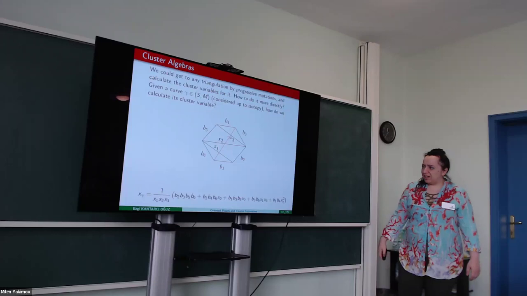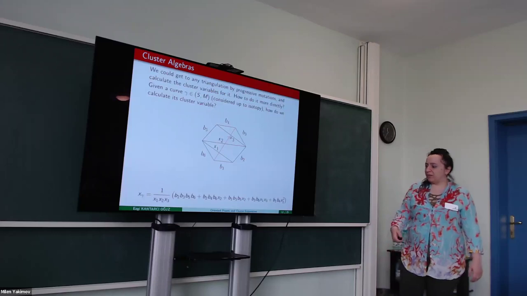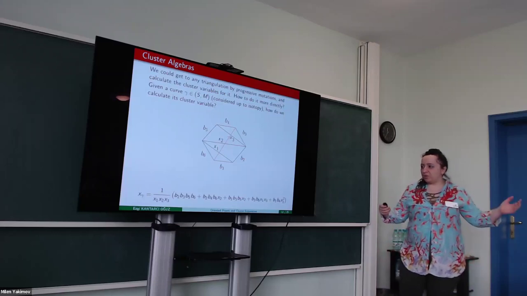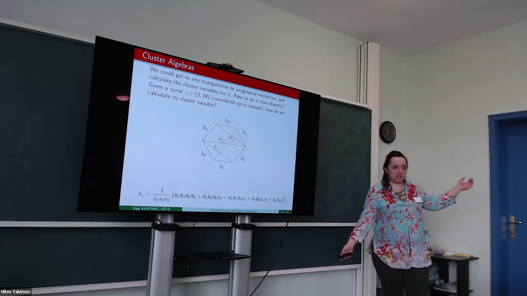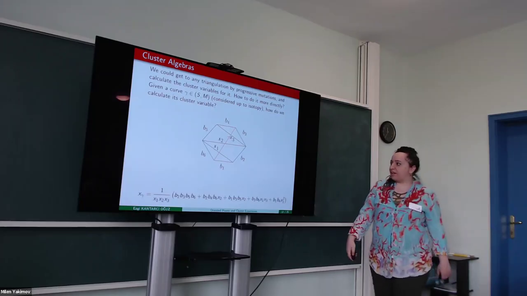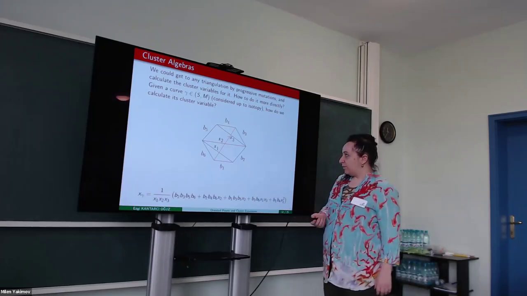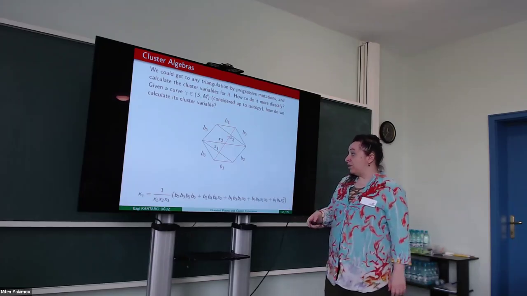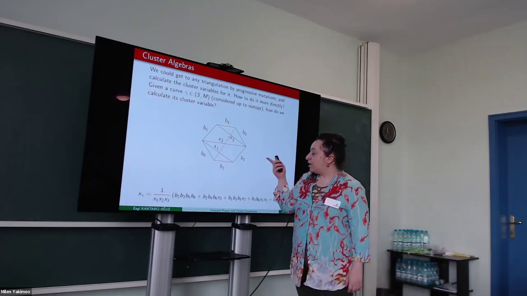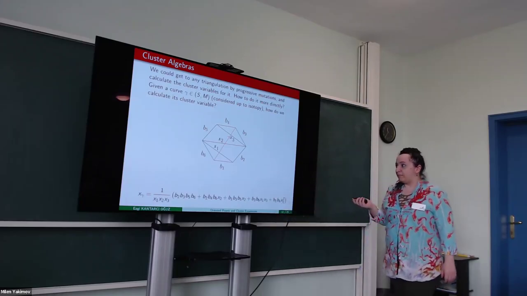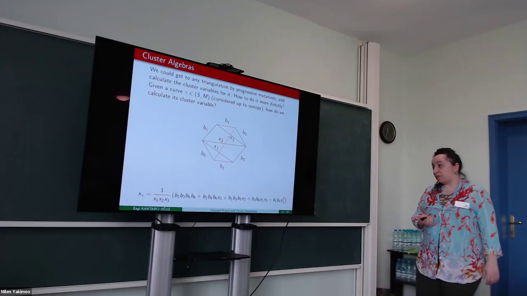So if you need more mutations, you get more terms, so it does get longer as you get a lot of crossings. But there are also ways of doing it more directly. There is the snake graph method, and there is also the poset method.